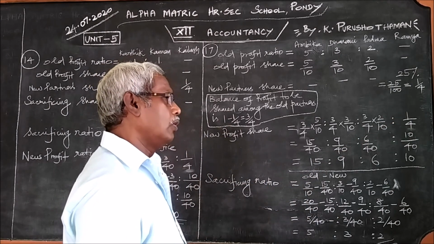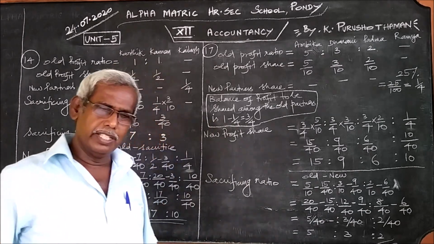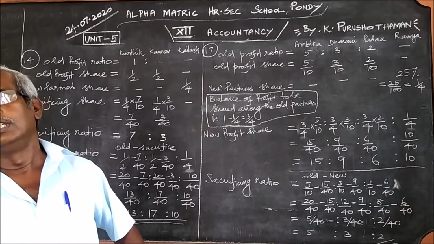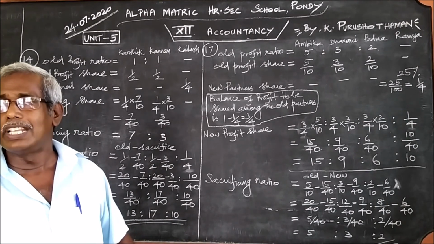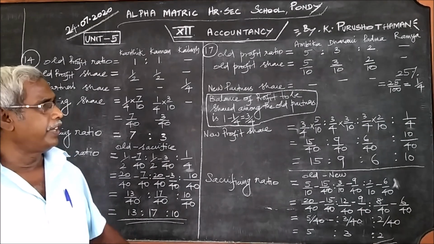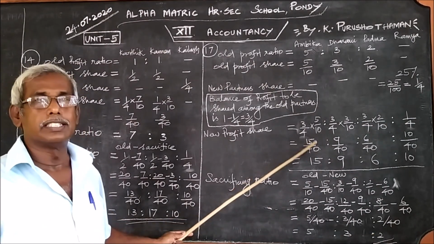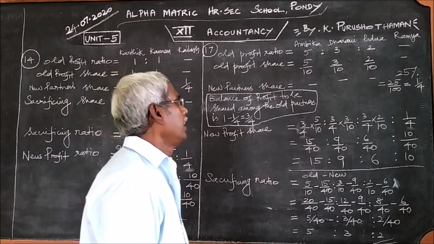So, what happened to the old partners? Nothing is mentioned there. In that case, what is presumed? The profit left is given to the old partners. What is the profit left?